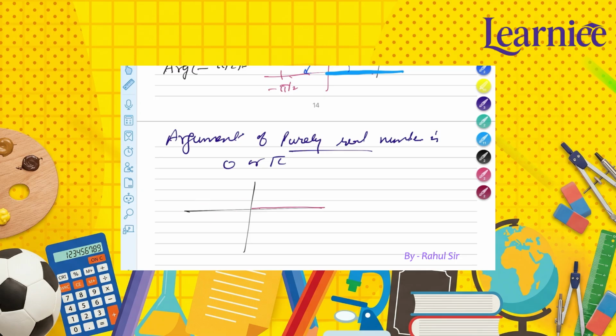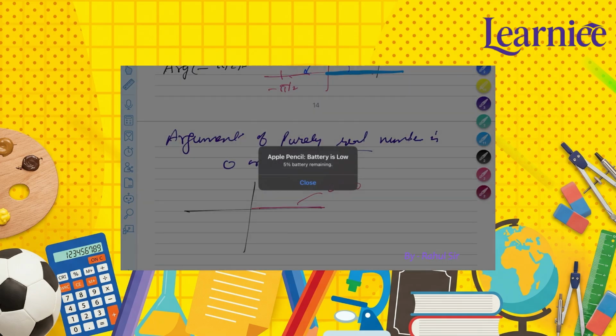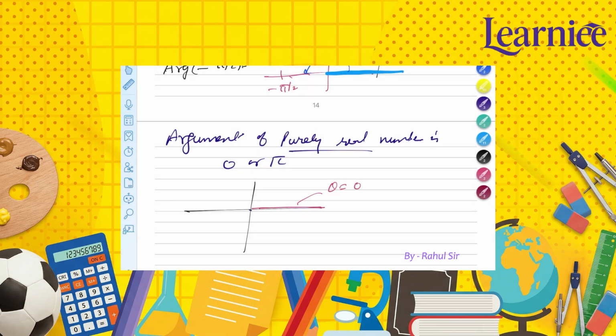If it lies on this side, then the principal argument is 0. Whereas if it lies in the negative direction, then theta is pi. So the argument of a real number is either 0 or pi.